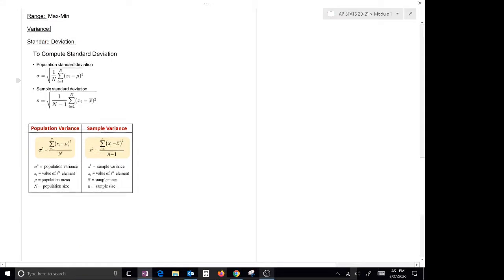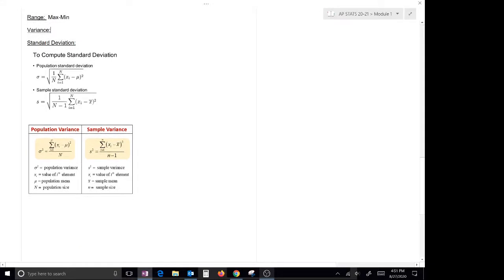If we're talking about a population, that means we sampled everybody in the population. We questioned everybody in the population. We use this Greek letter here, which is a lowercase sigma.